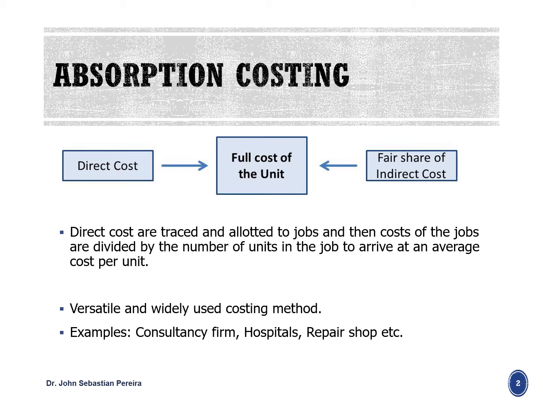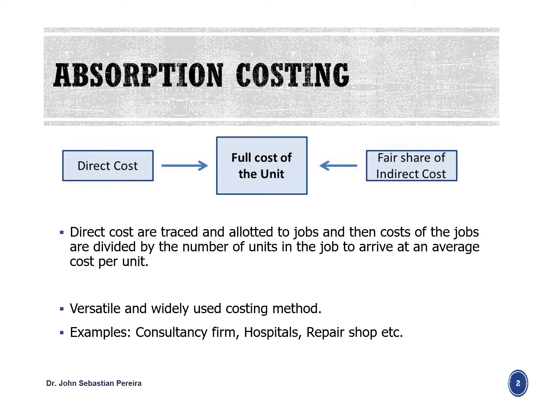For example, let's say a consultancy firm. Each client who comes to the consultancy firm represents a job unit. Similarly, each patient coming to a hospital represents a job unit. The first step is to allocate all the direct costs associated with servicing that job unit.